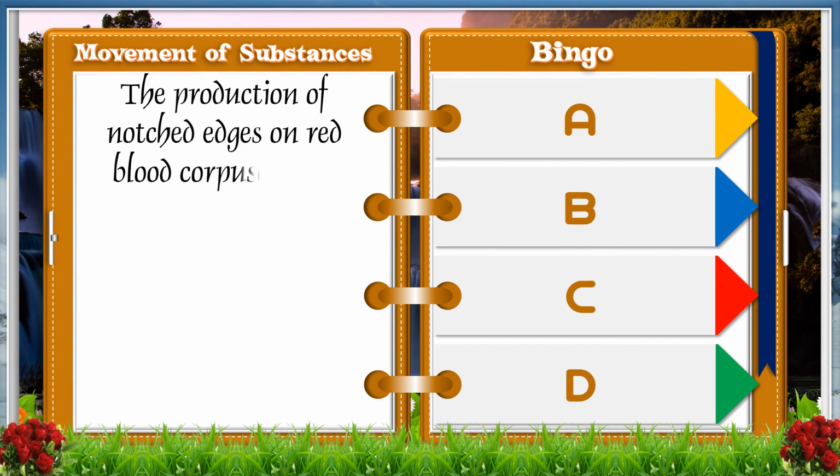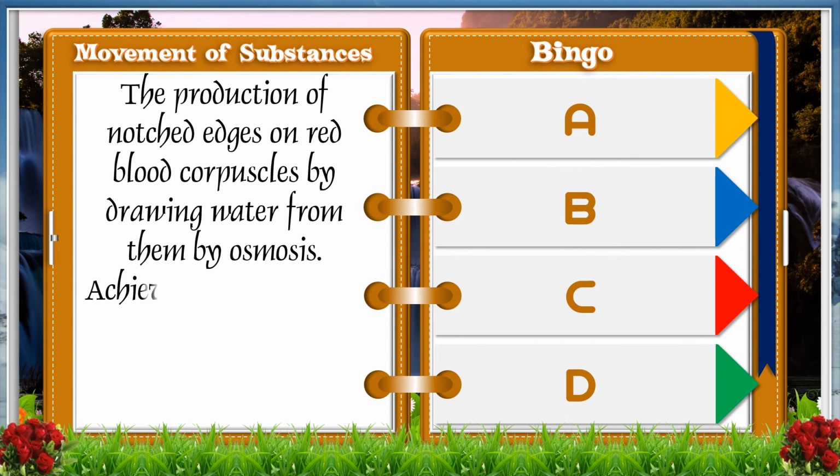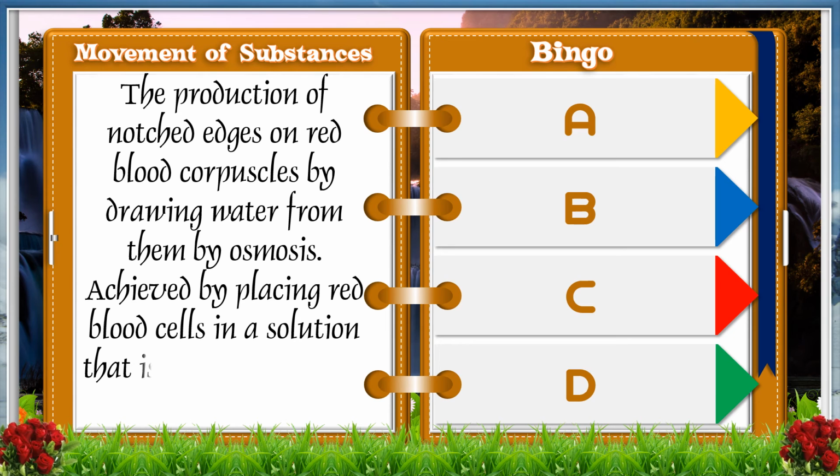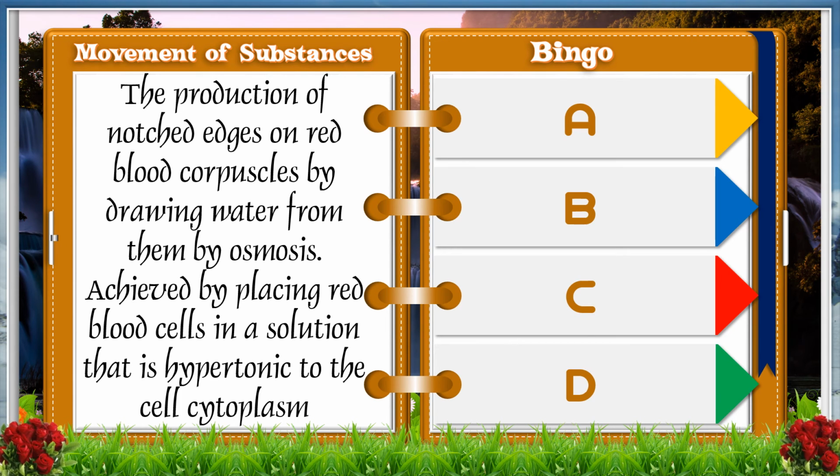The production of notched edges on red blood cells by drawing water from them by osmosis, achieved by placing red blood cells in a solution that is hypertonic to the cell cytoplasm.